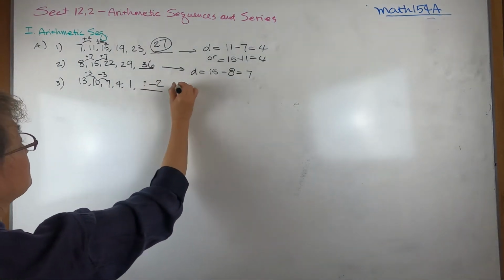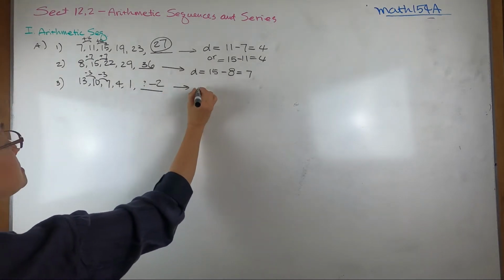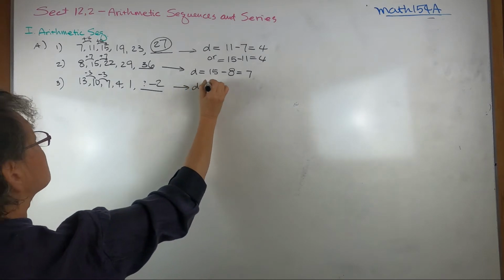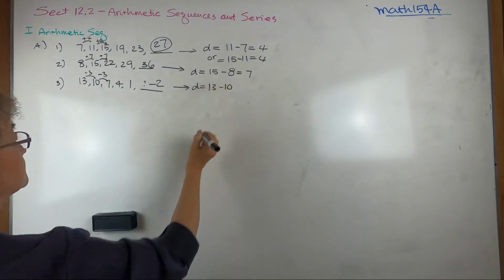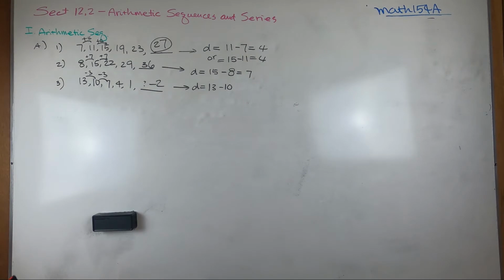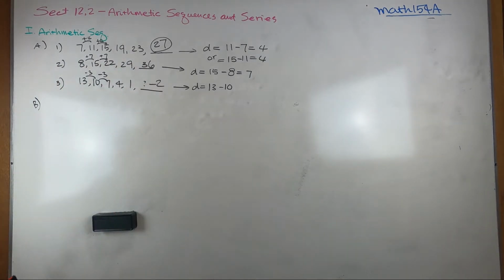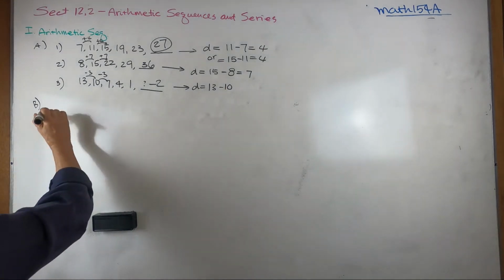So the next number would be negative 2. So for 1 minus 3, right? So your distance would be 10 minus 13, that would be negative 3. We call those our arithmetic sequences, by adding a number to get the next term, right?